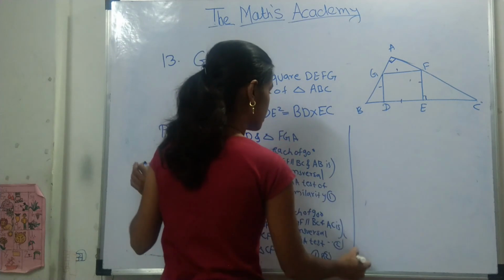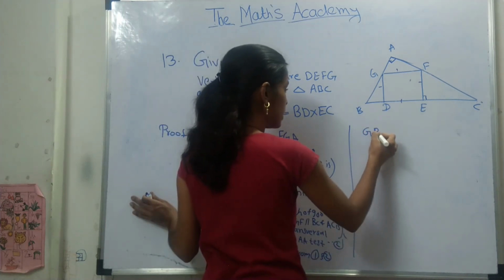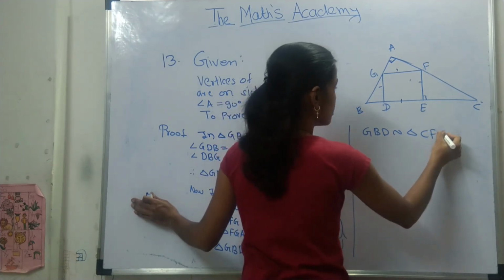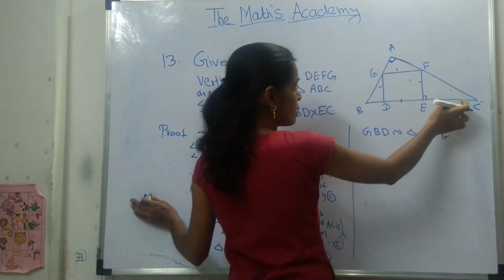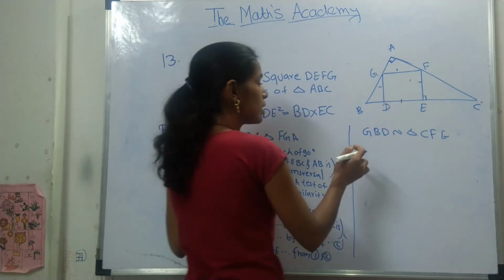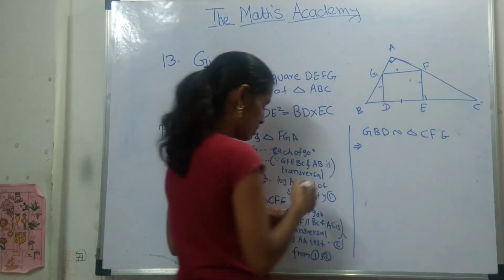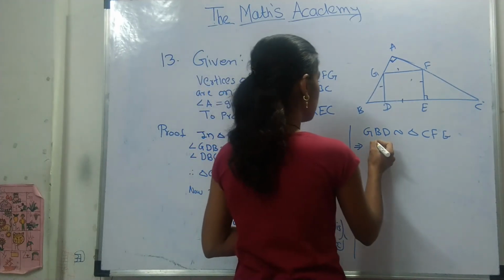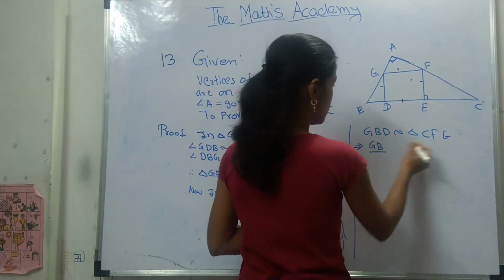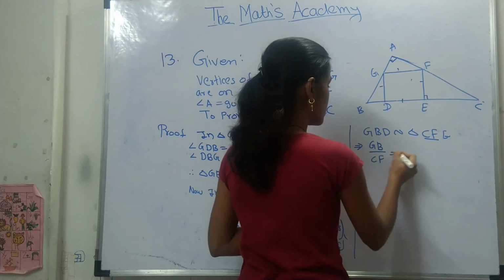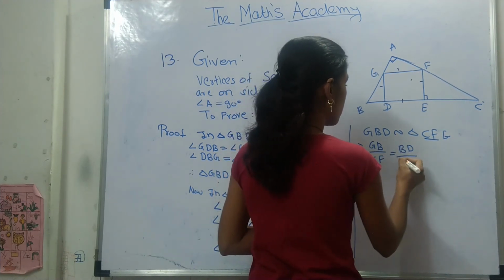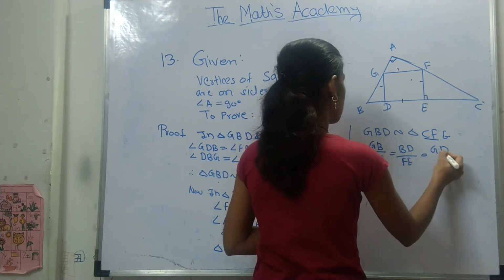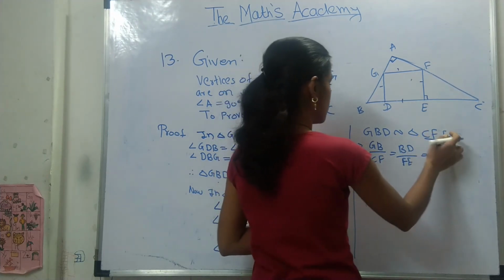Now as triangle GBD is similar to triangle CFE, then the corresponding parts of similar triangles are in the same proportion. So we will write here GB upon CF is equal to BD upon FE is equal to GD upon CE.